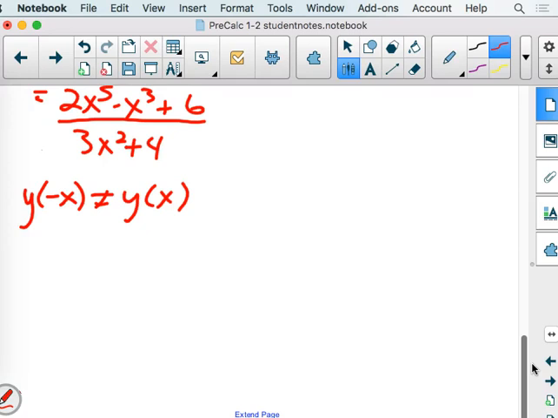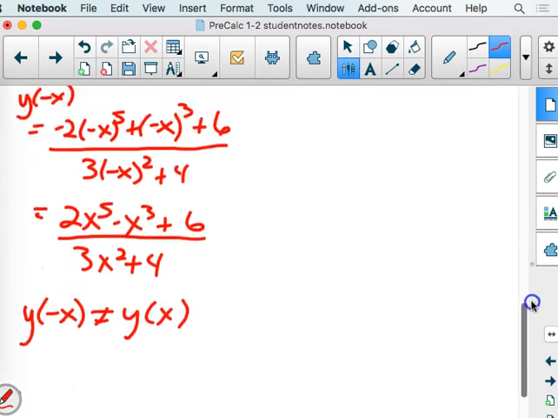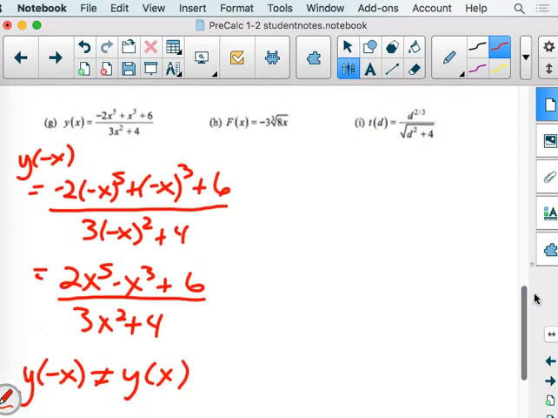Why isn't it odd? If it's odd, everything in the numerator would have to be the exact opposite of what we saw before, because it's like multiplying it by a negative 1 over 1. But every term is not going to do that. Because we should get positive 2x to the 5th minus x to the 3rd minus 6 if that happens. And this was not a minus 6.